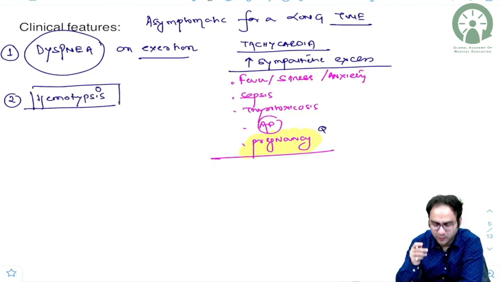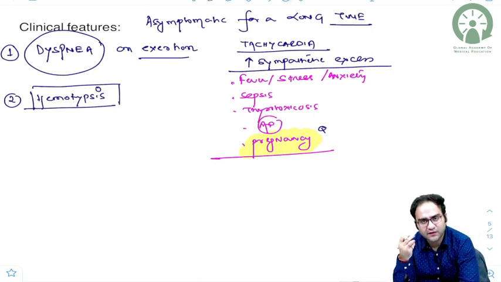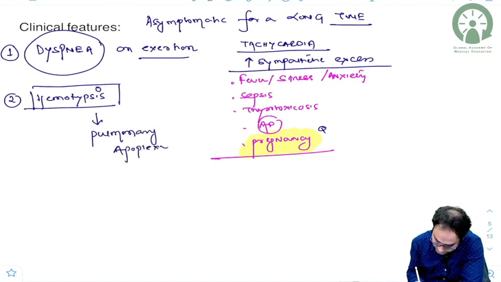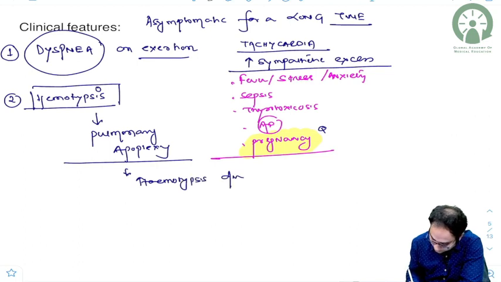Right? Now, hemoptysis can be due to recurrent pulmonary infections, and can also be due to a condition known as pulmonary apoplexy. So, you have to remember what is known as pulmonary apoplexy. Now, what is pulmonary apoplexy? It is basically hemoptysis due to rupture of bronchial veins.